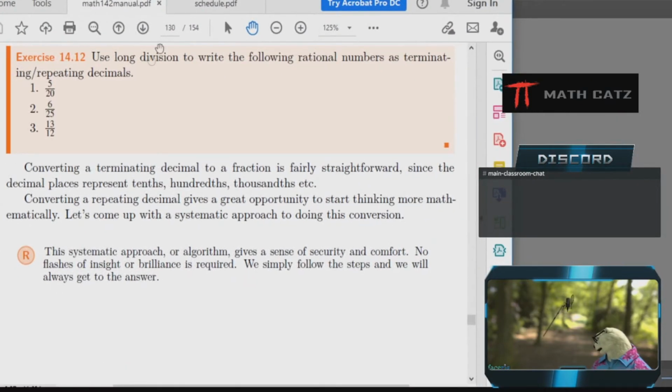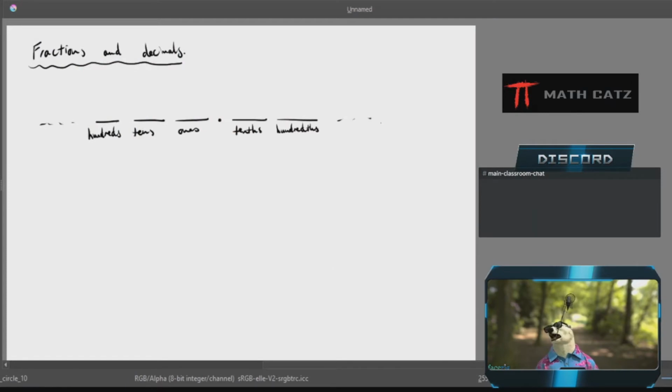So let's see what we get with some exercises. The main way for us to convert a fraction to its corresponding decimal representation is by using long division again. So we have these three. Let's have a look.